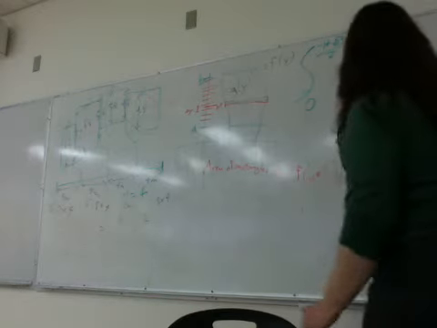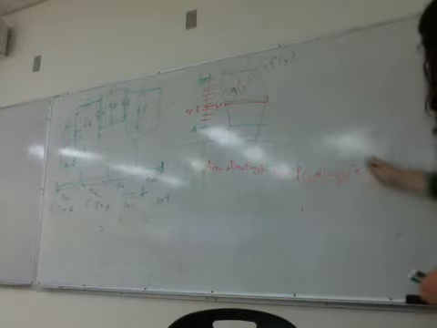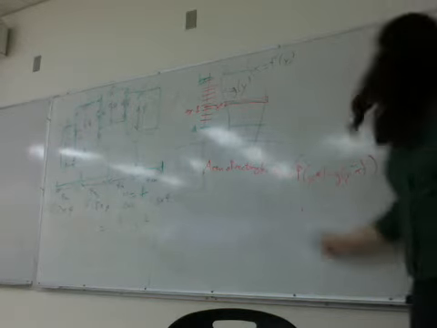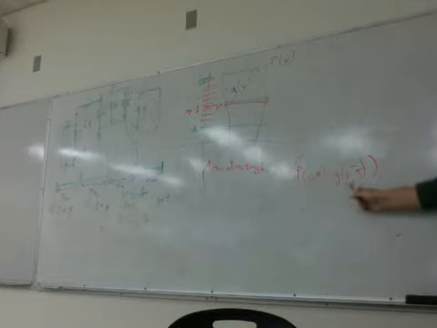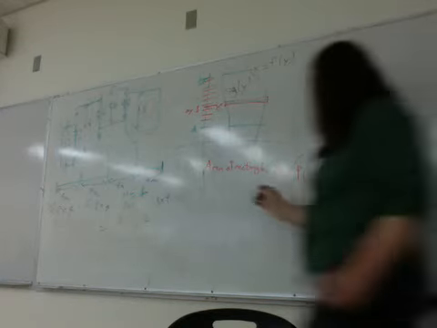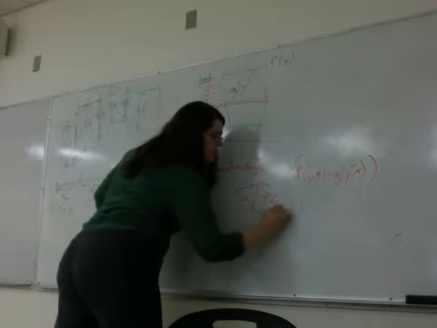So the area of a rectangle is going to be delta y times f of the sample point minus g of the sample point. If we want to take the total area, we can just add all those up.